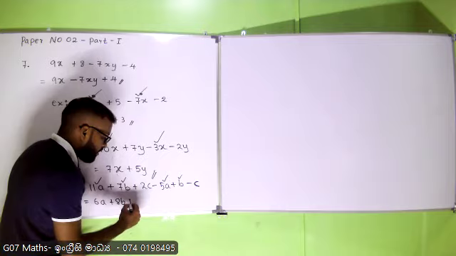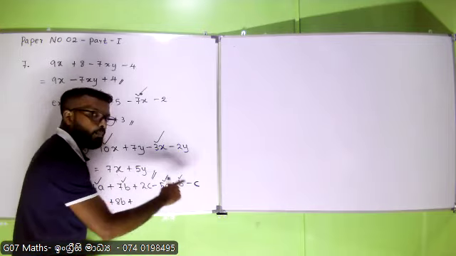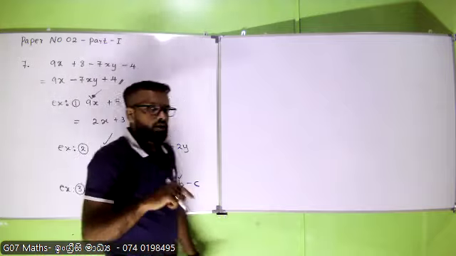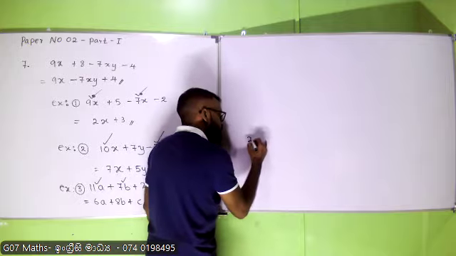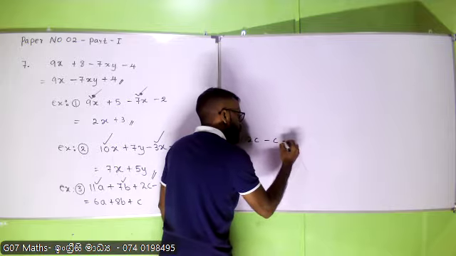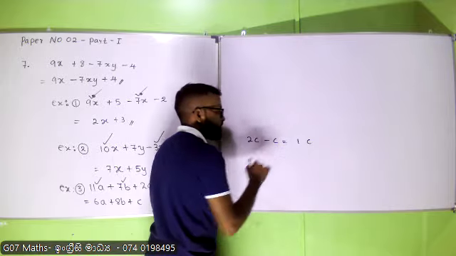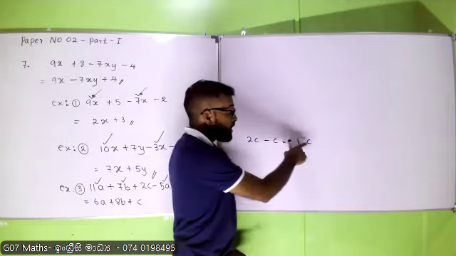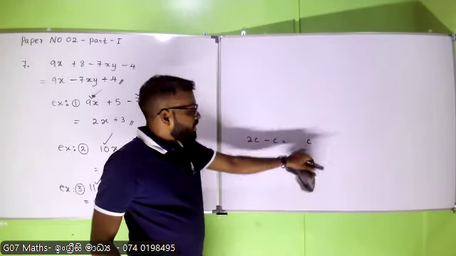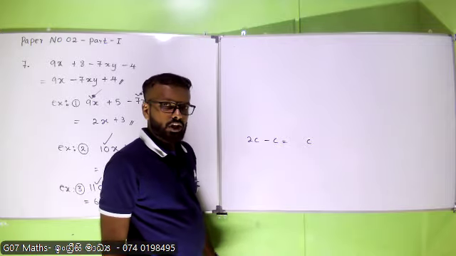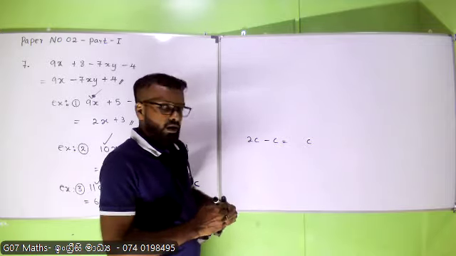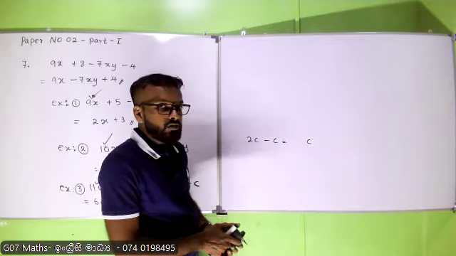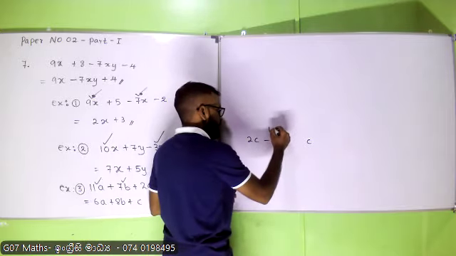So 2c minus c, the answer is c. No need to write 1c, because if you write c, it is already 1c. Here we have 1c, but we didn't write it as 1c.